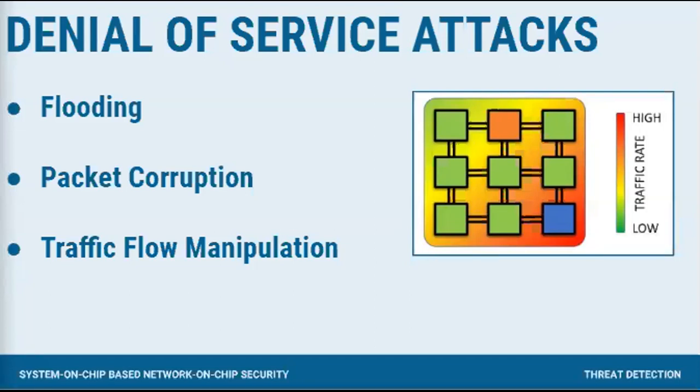If the blue color IP is connected to a memory controller, it has to process many more requests than the other IPs. But if the attacker is targeting it, there will be more packets than the number of packets it can serve. So there'll be deadline violations there. That's a flooding attack.